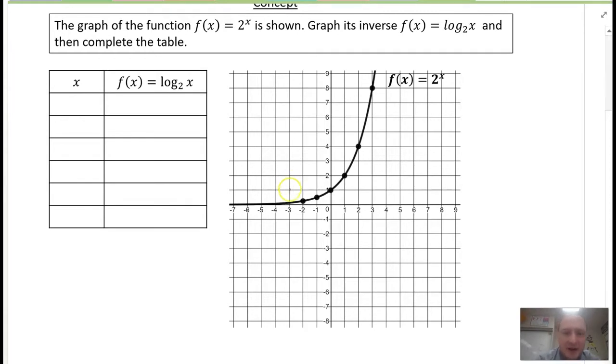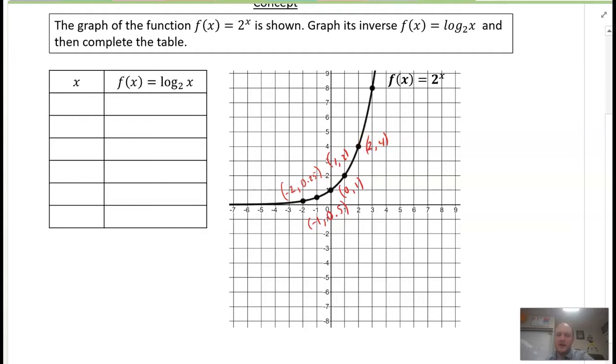So here I have the ordered pairs: -2, 0.25; -1, 0.5; 0, 1; 1, 2; and 2, 4.